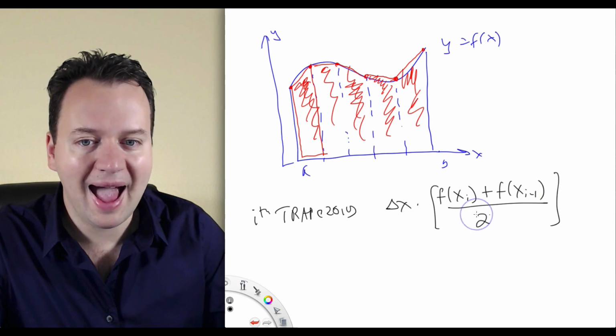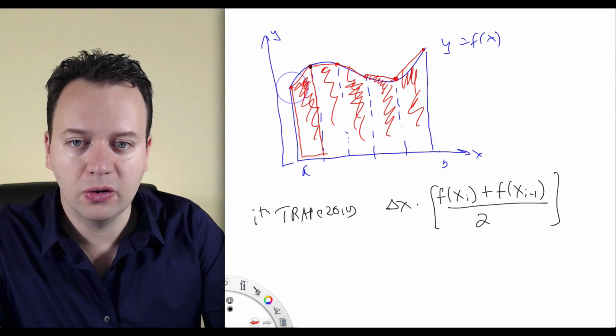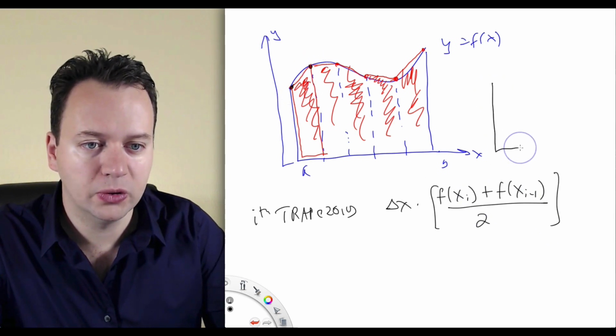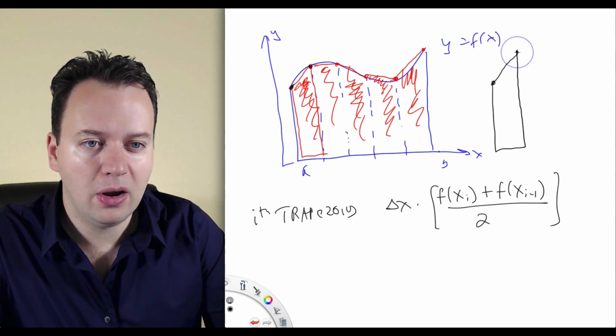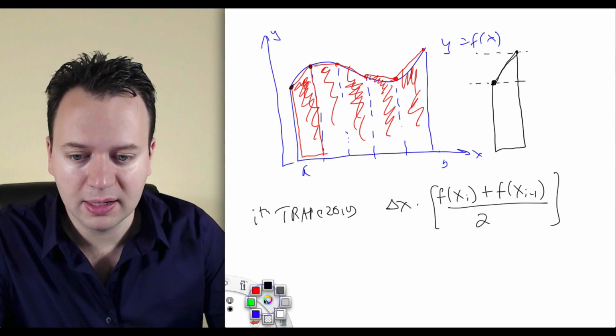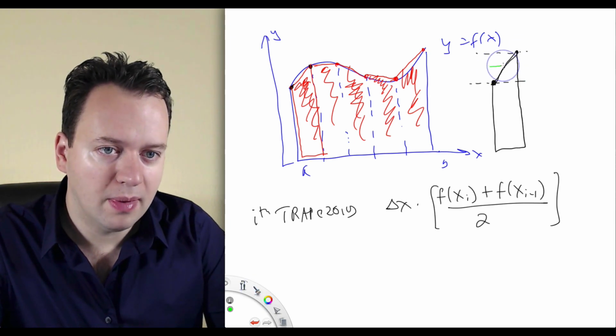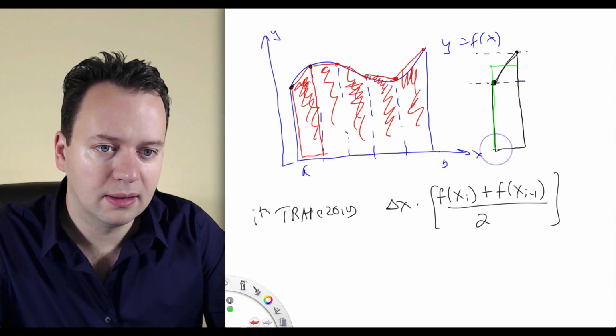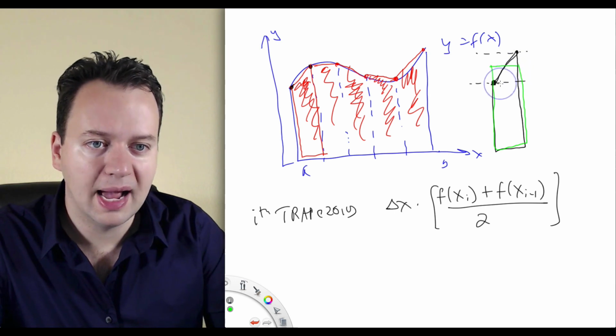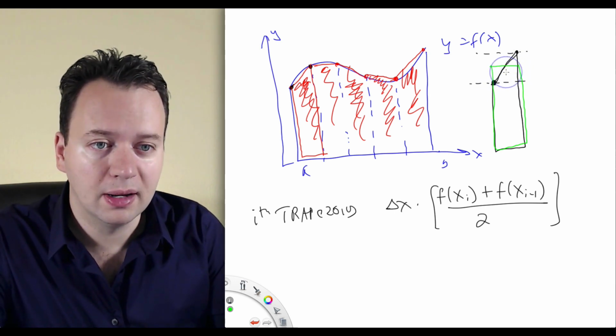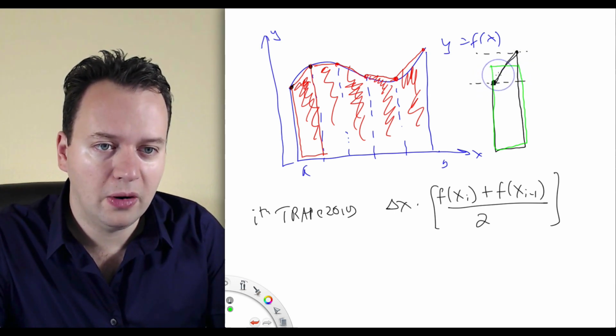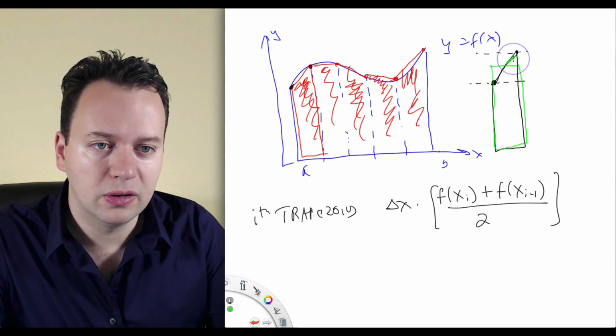So this is the average of the height here and the height here, because when we have a trapezoid with two different heights, the area of the trapezoid is just the average of this height and that height, because if I average those two heights together and made a rectangle with that height, I would get exactly the same area. Since it's a trapezoid, there's an equal area here as there is there. So this piece matches exactly with that piece.